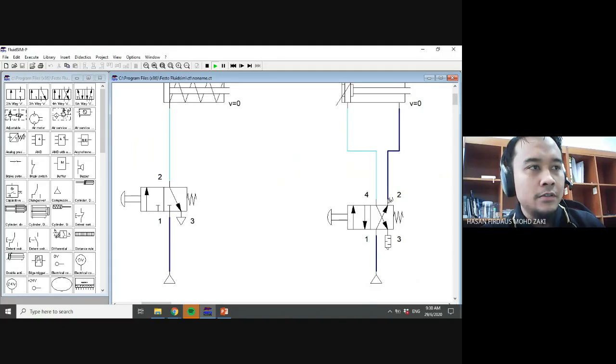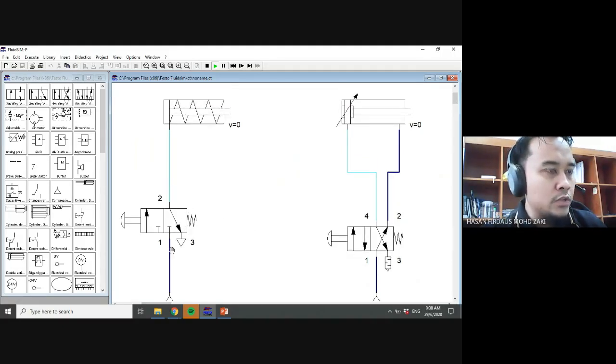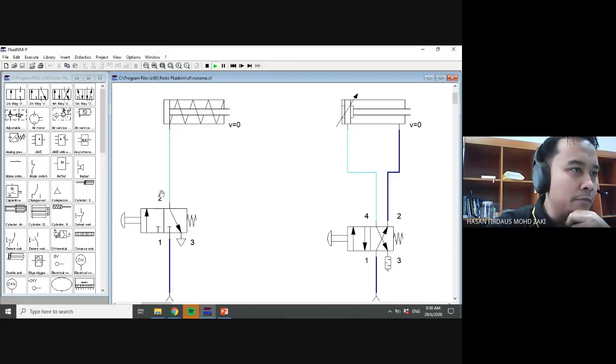As for the previous one, we use a 3/2-way valve, where we only have one port at the top, which is port 2. So this one cannot be used for the double acting.